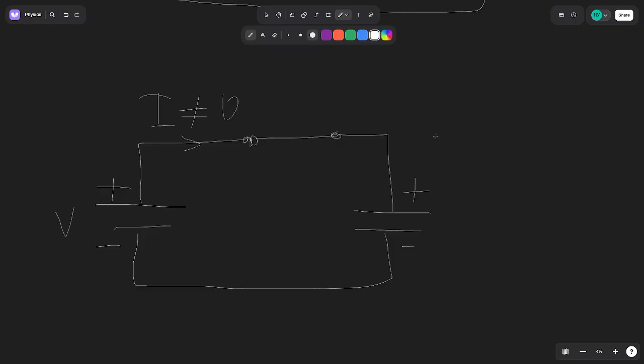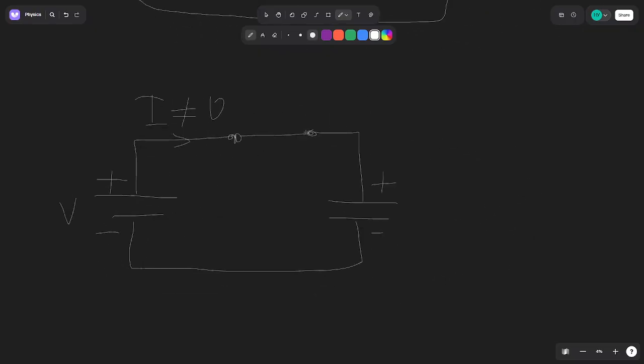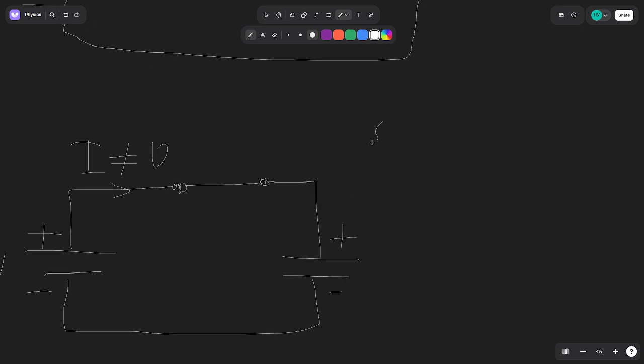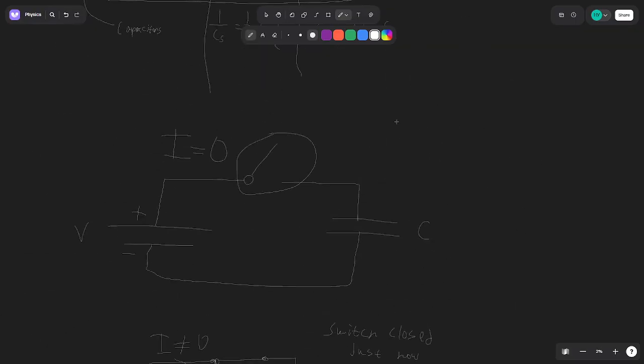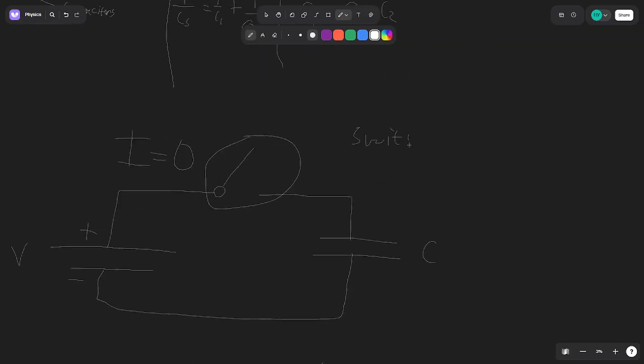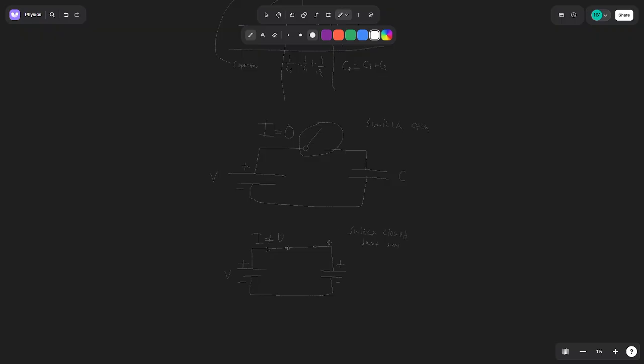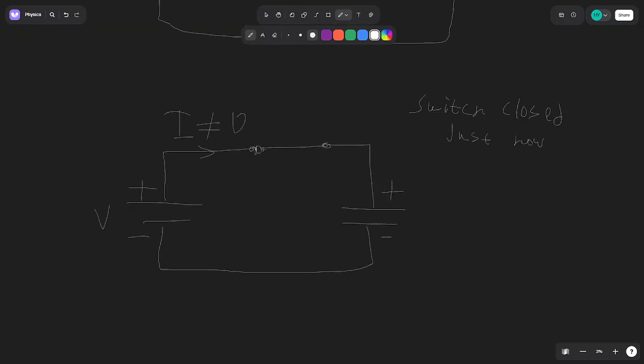And a really important note, exactly for this example: here the switch is closed just now, and here the switch is open. So here is just the moment when we closed this, when the electricity started going.